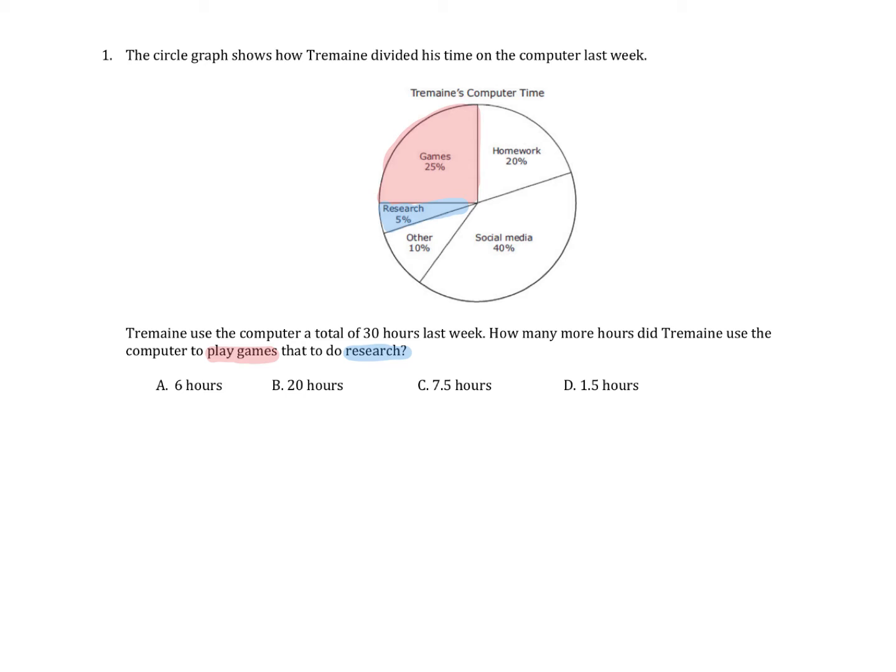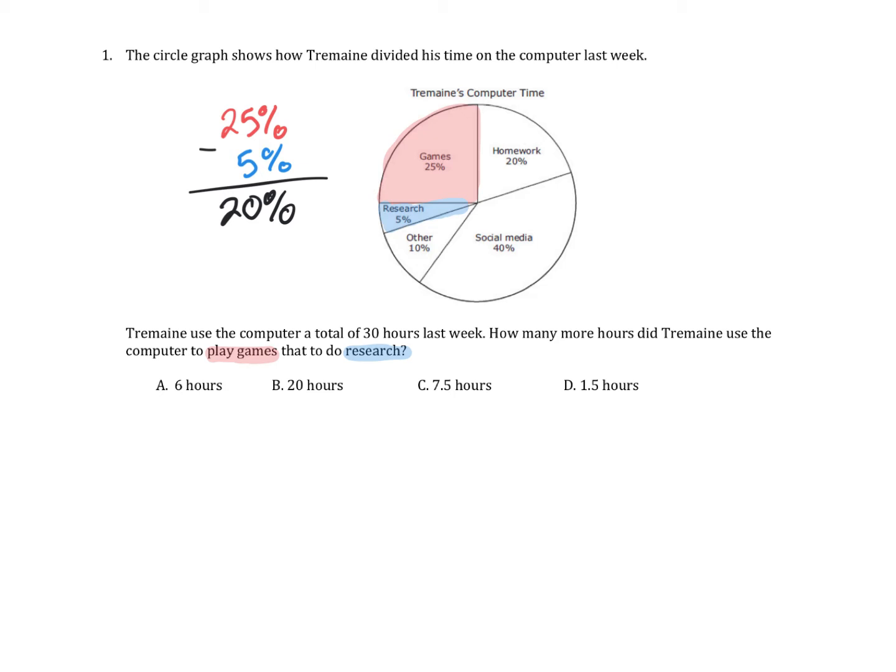Since we're wanting to figure out how many more hours he played games compared to do research, we need to first find the difference in the percentages. So we're going to take 25%, subtract it by 5%, and we get 20%.